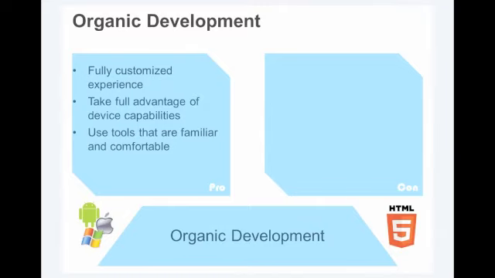So instead of an experience that I've written once and it works across all platforms, but has a similar look and feel and a similar experience across all platforms, now with purely custom development, I can write an app for Android that looks exactly like I believe it should on Android and fit in with a lot of the usage experiences that Android users have, and the same thing for iOS, because as we've seen in Forrester, a lot of folks will actually get upset if my iOS device runs an app that looks like it should be on an Android device and vice versa.